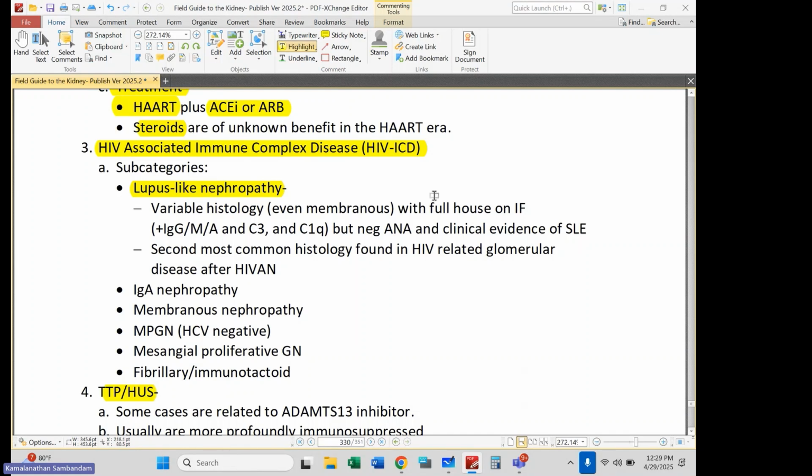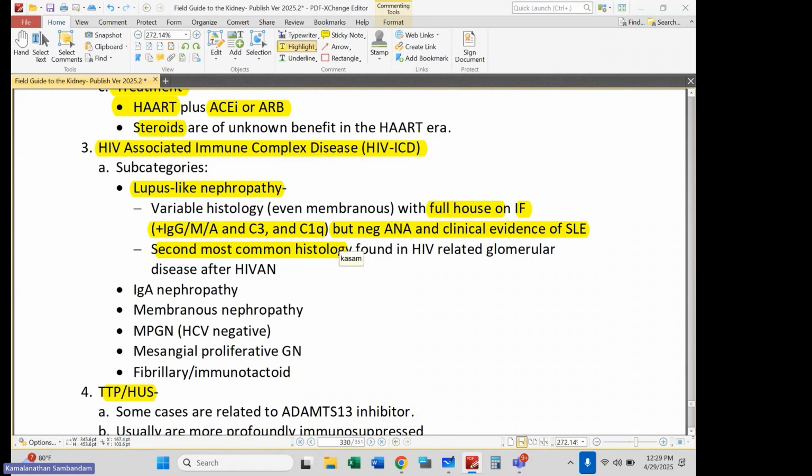Well, it has features of lupus nephritis, such as full house staining on immunofluorescence, right? And then it also would have no clinical evidence of SLE, negative ANA, no signs or symptoms of lupus. This is thought to be the second most common glomerular disease that you're going to see with HIV after HIVAN.